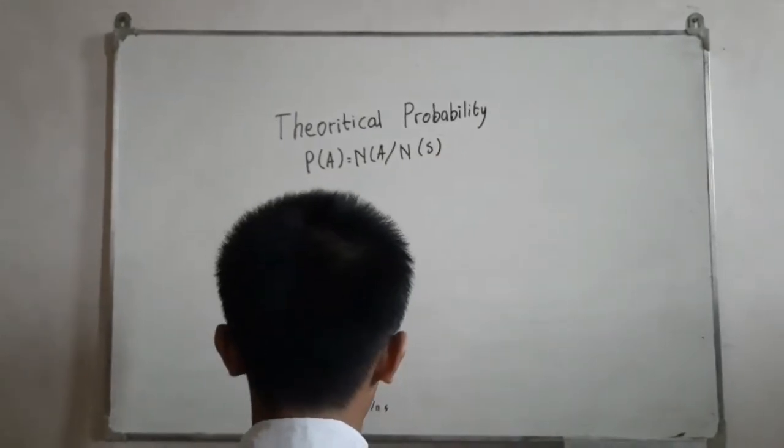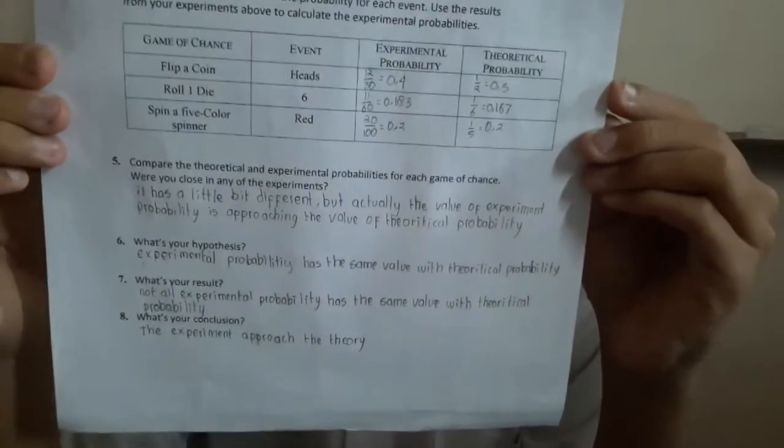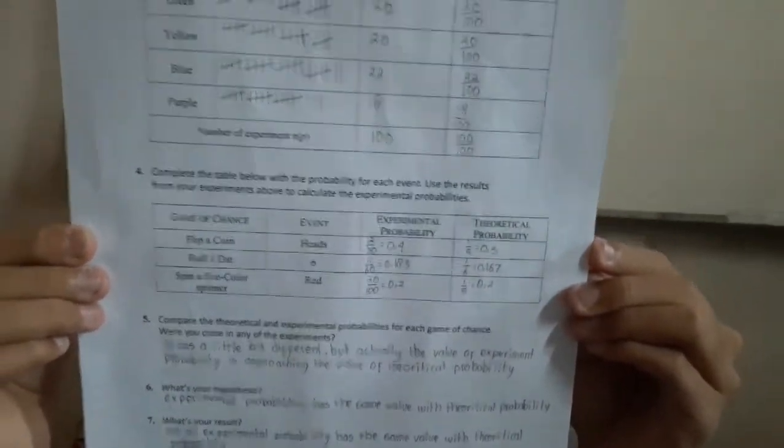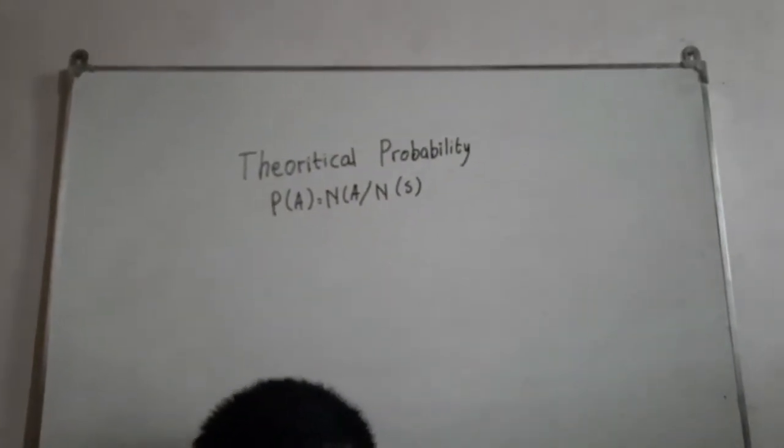Okay, good. For experimental probability, we do the experiment until we know the number of outcomes. After that, we can make the ratio between the number of outcomes and the total trials.